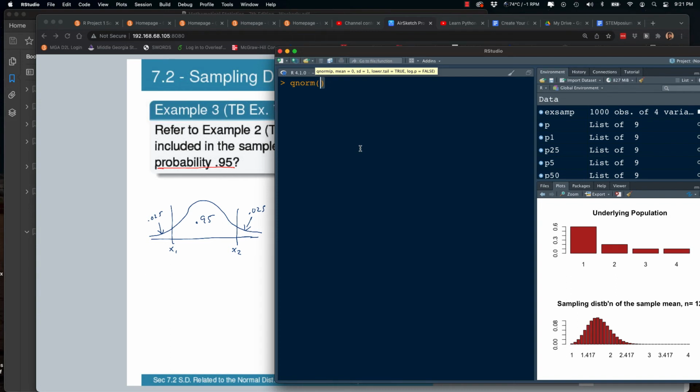So for x2, I'm going to plug in 0.95 plus 0.025, which is 0.975. If I plug that in, and it automatically assumes 0 and 1, it tells me that value rounded to 2 decimal places is 1.96. And if I call qnorm again and put in just 0.025 for that x1 value, it gives me negative 1.96, and it does. So the symmetry works out, and symmetry is a beautiful thing.